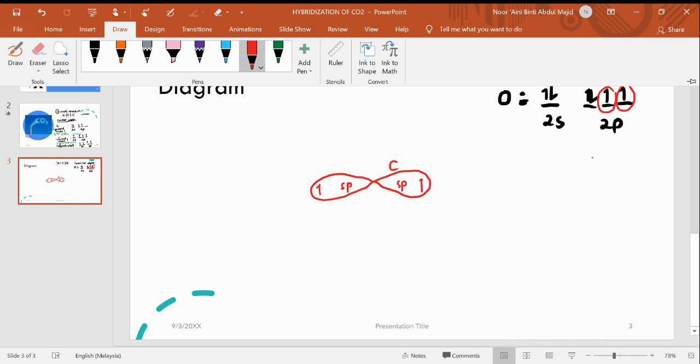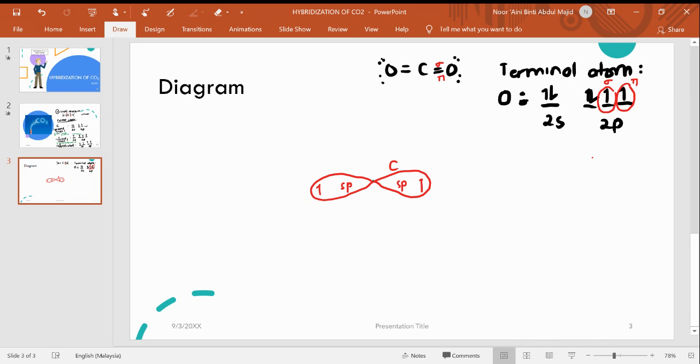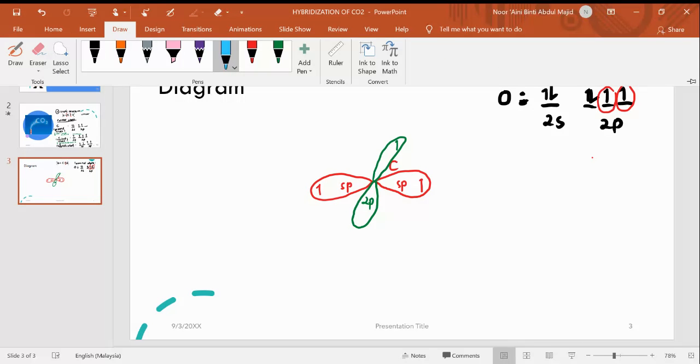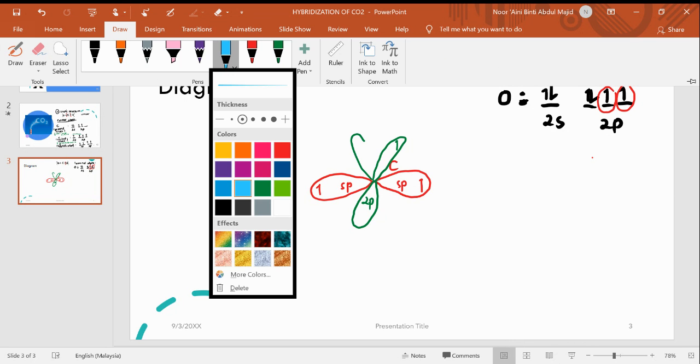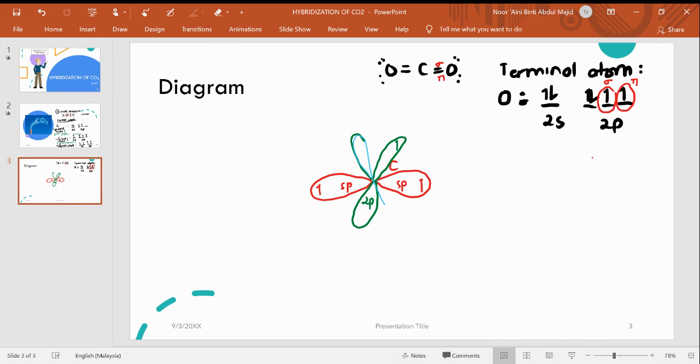I'm going to use a different color for that. My 2p has a dumbbell shape. Maybe I will have it like this. This is 2p and one unpaired electron. And another 2p, maybe like this. I want to use a different color. Excuse my drawing. So one unpaired electron here. So our carbon is done.